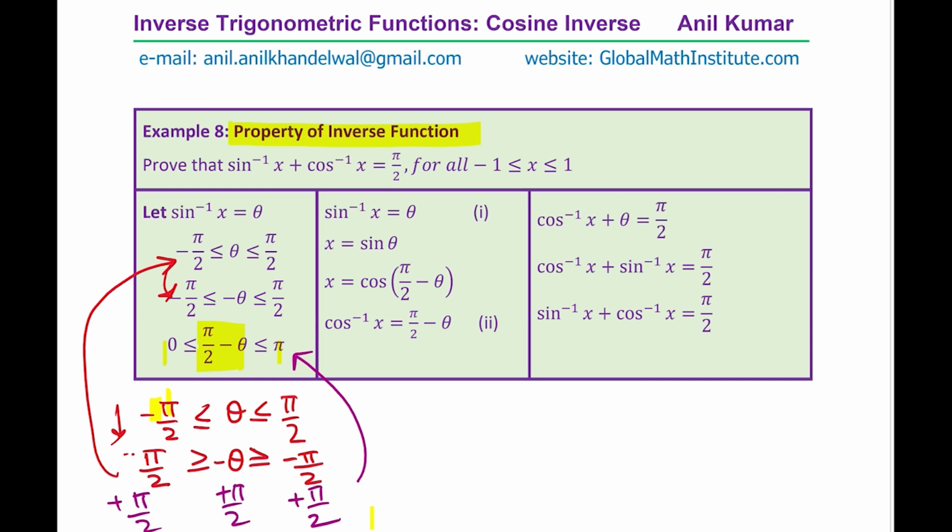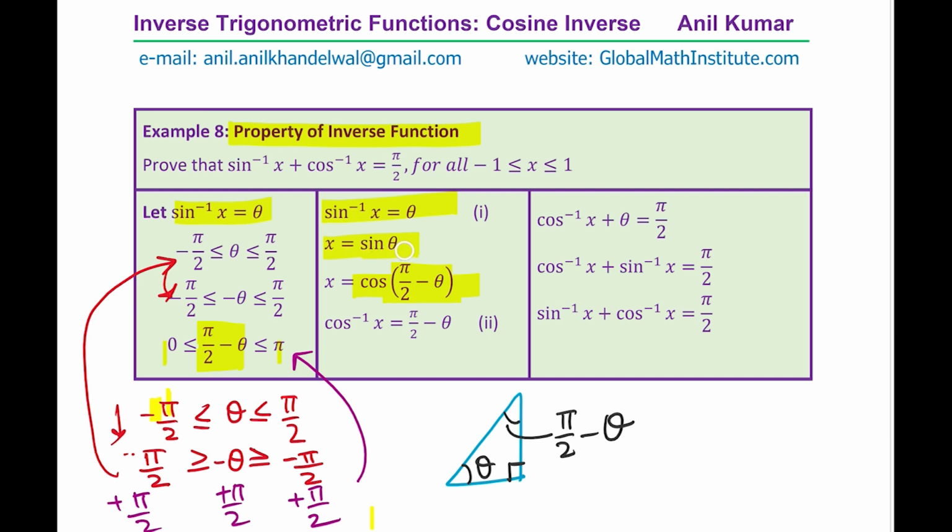Perfect. Let's continue with our solution. Sine inverse x is equal to theta means x is sine theta. Now co-function identity: sine theta can be written as cos of pi by 2 minus theta, correct? So we are saying that in any right angle triangle, if this is theta, that angle will be pi by 2 minus theta.